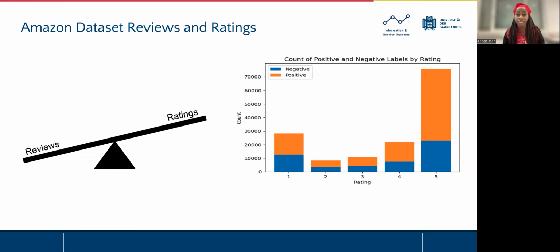And this is evident from what we can see in the Amazon data. From the Amazon data, we wanted to see if what we believe is happening in the industry is what really exists in the analysis. So we got this plot of the count of each of the ratings, the number of reviews, where reviews are both negative and positive.